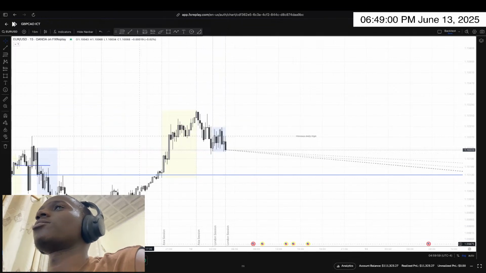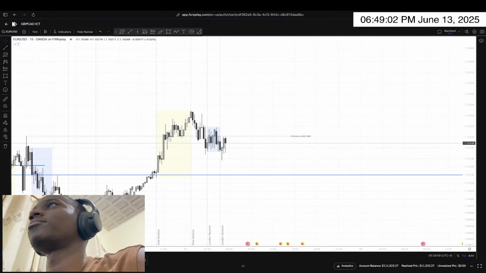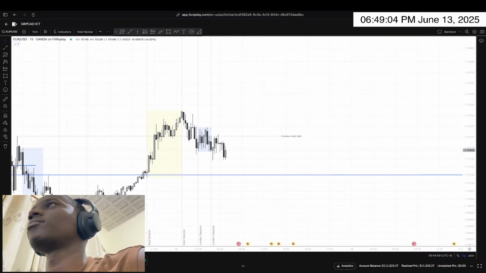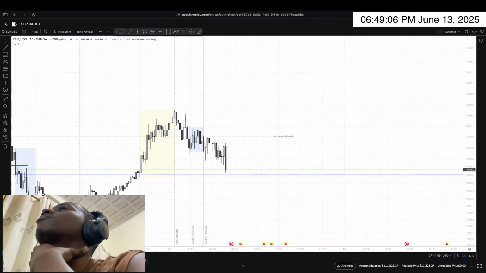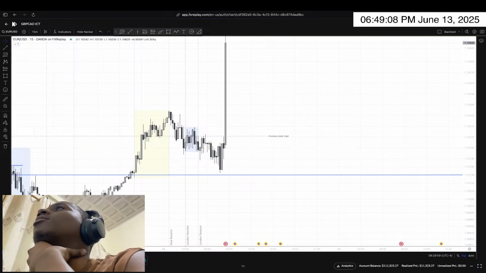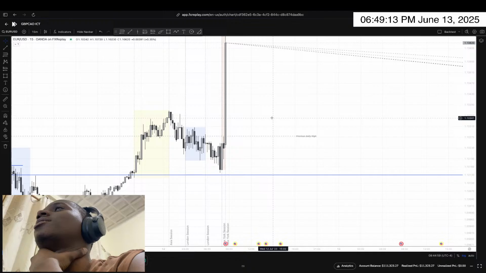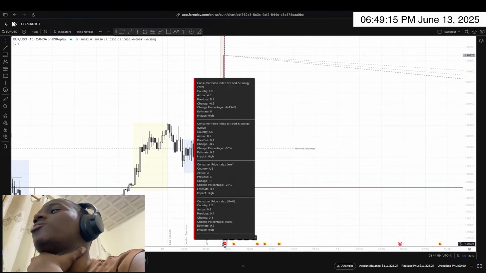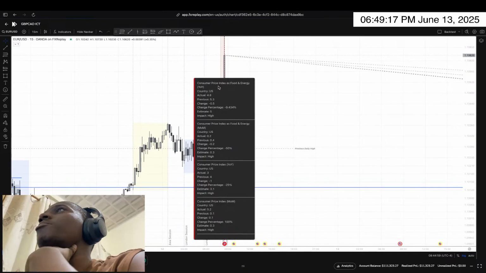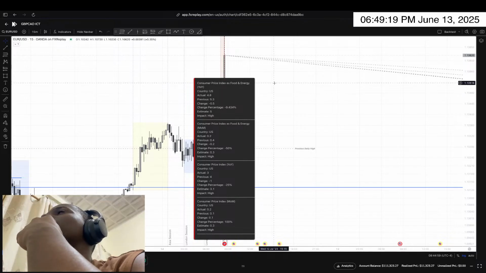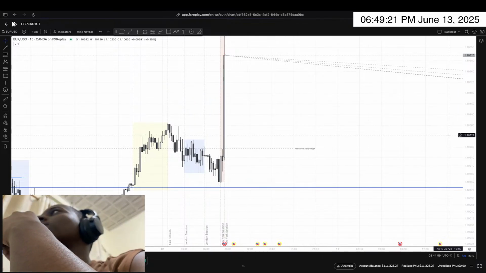So London is consolidating a bit. And you can see that we have this huge expansion move at 8:30, which is this news right here, consumer price index, ex food and energy year on year.